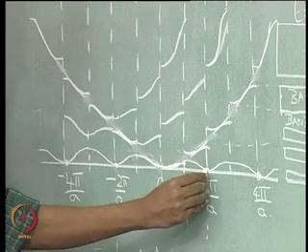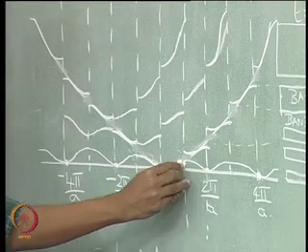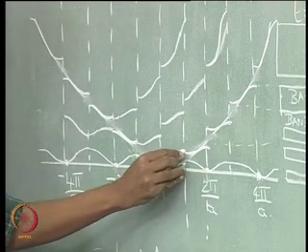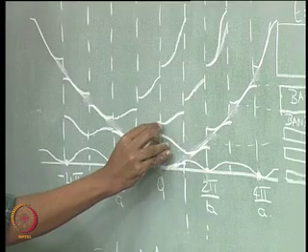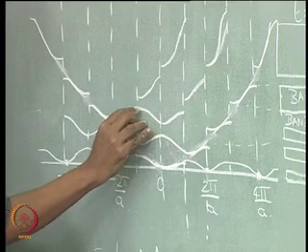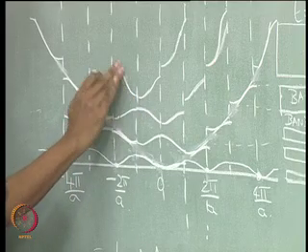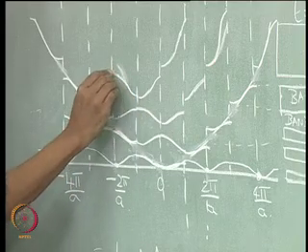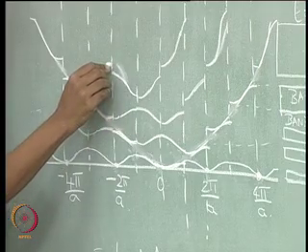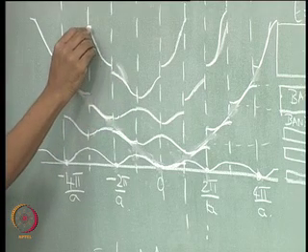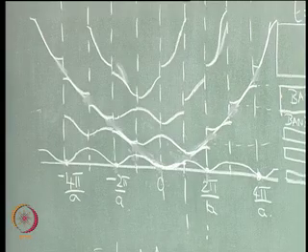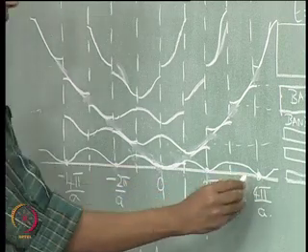We can do similarly from all those points. From this point we can do the same thing. We have got this, so the next curve will look like this, the next curve will look like this, and the next curve will look like this, next curve. Fine, and we will do that also from this point here.